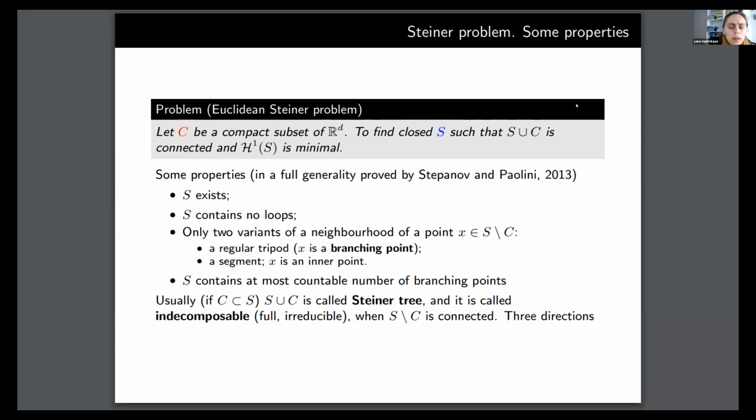It also means that the segments of a full Steiner tree can have only 3 directions, because the direction can change only in the branching points and only by 2 pi divided by 3.